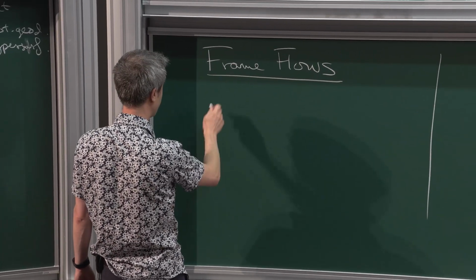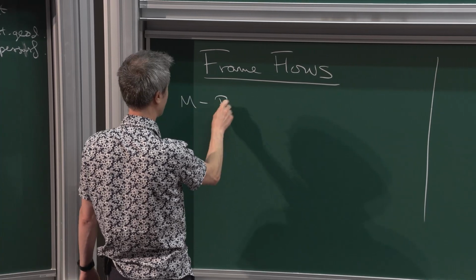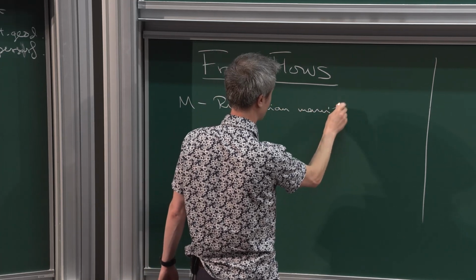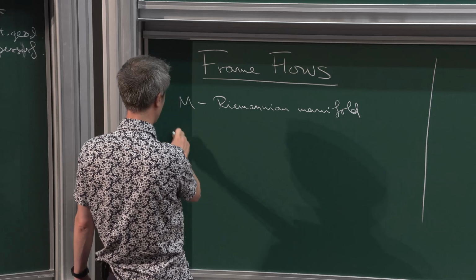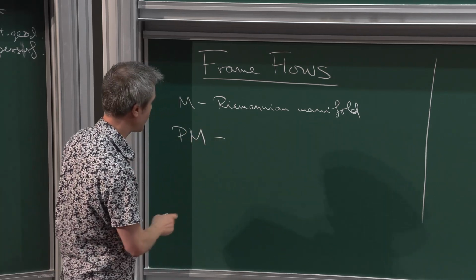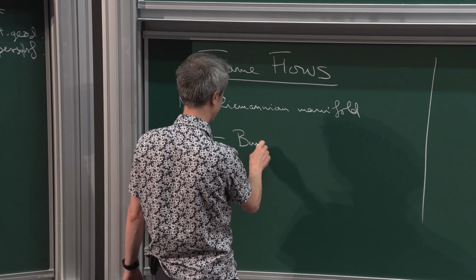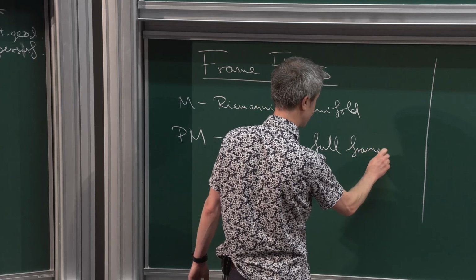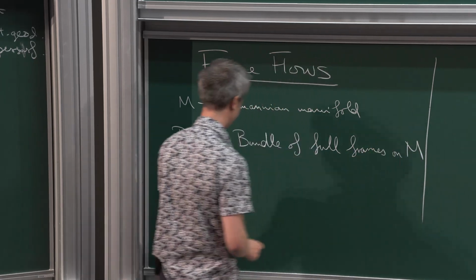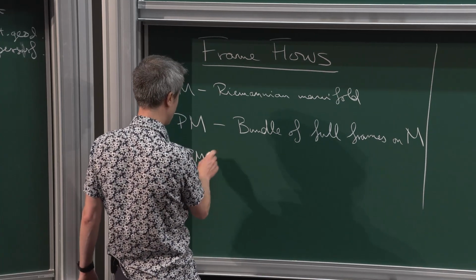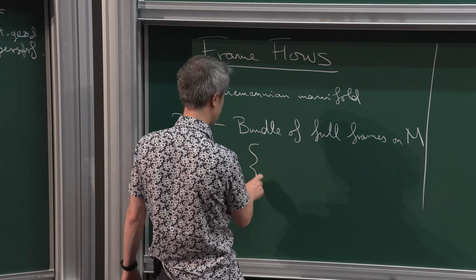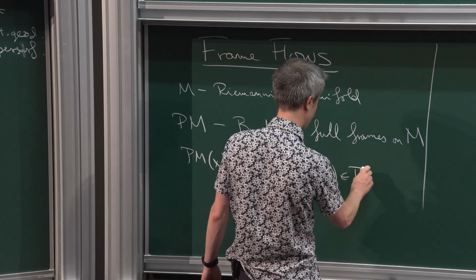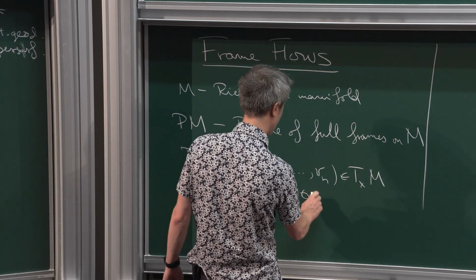So if we have M as a Riemannian manifold, then I'm going to denote by PM the bundle of frames, full frames on M. So the fiber above a point x is going to be the set of n vectors which form an orthonormal basis.